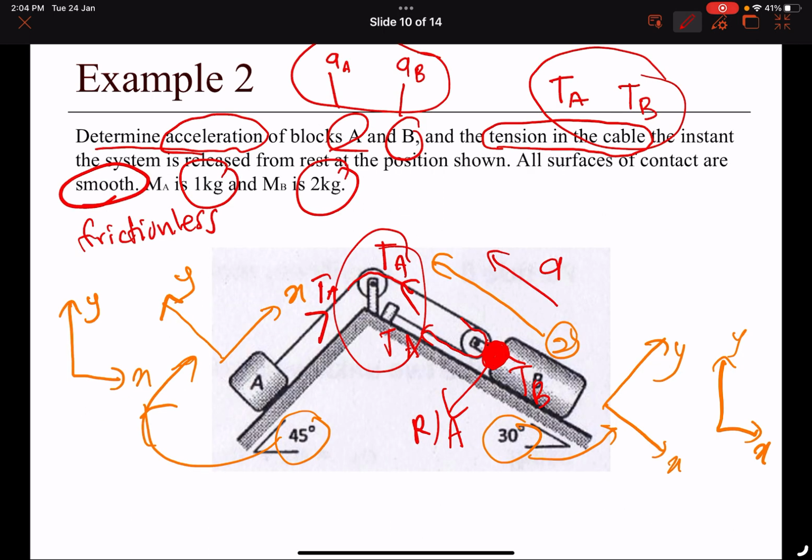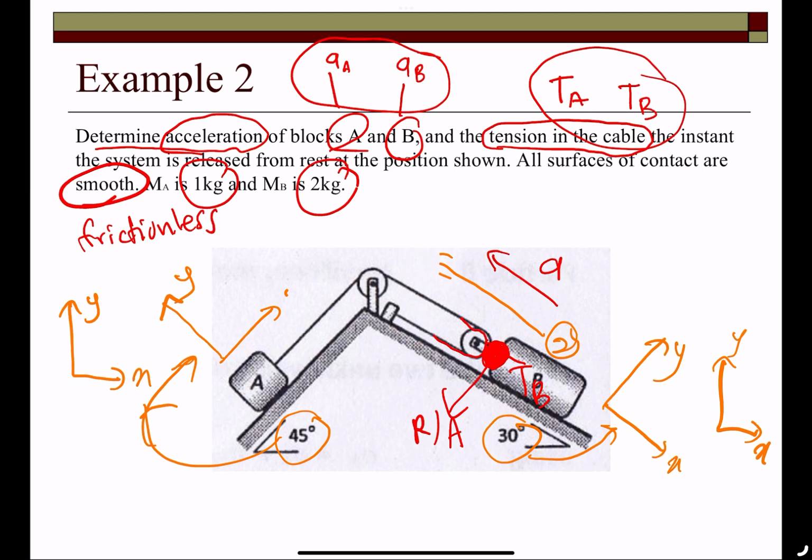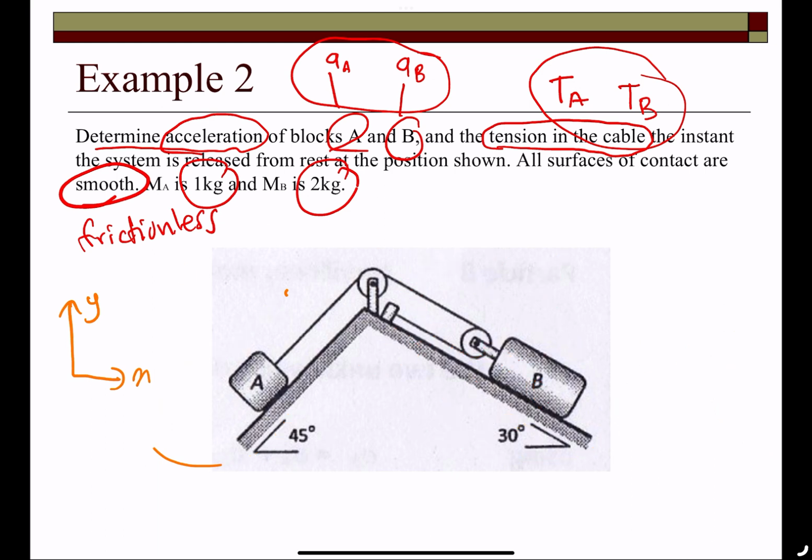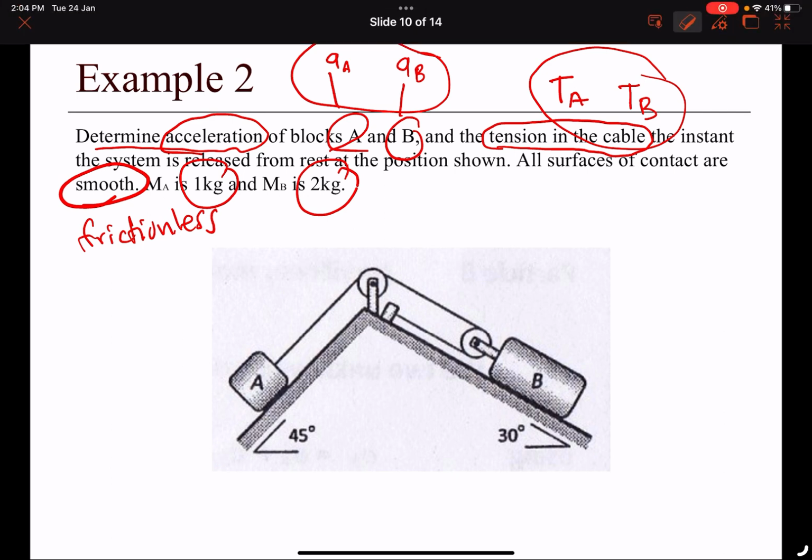So displacement, let me erase this one first. If you can understand the displacement, let's say you are thinking this is the acceleration, displacement is the cable itself, where it's starting from here.